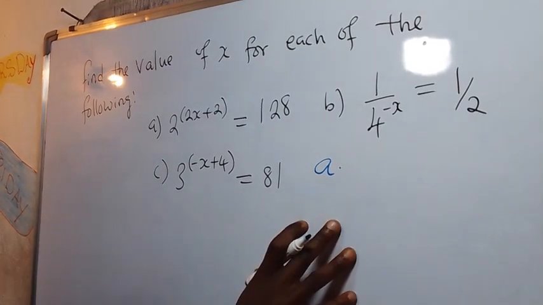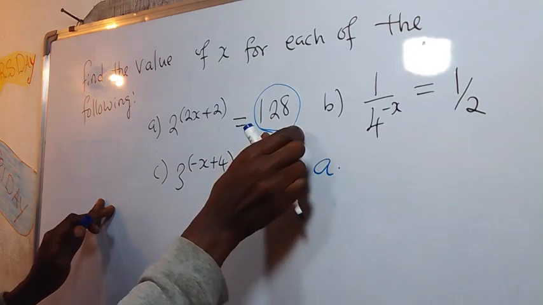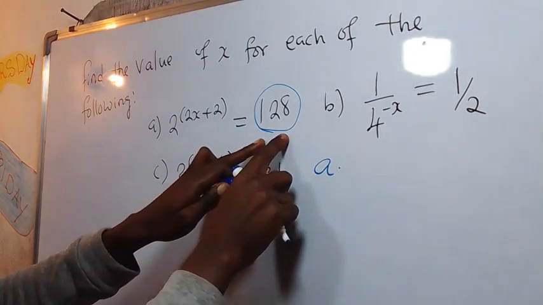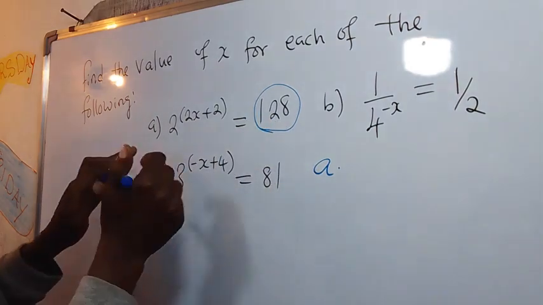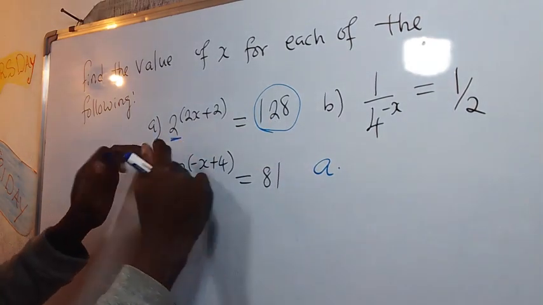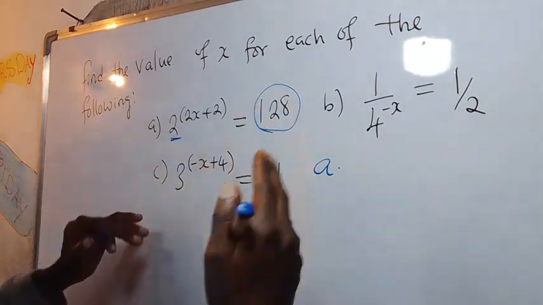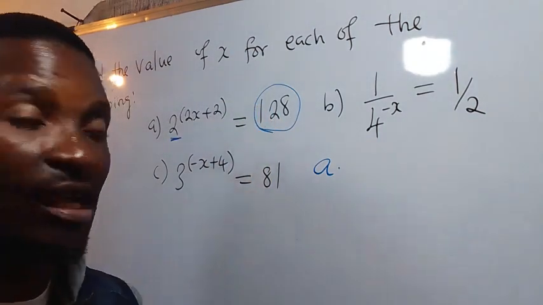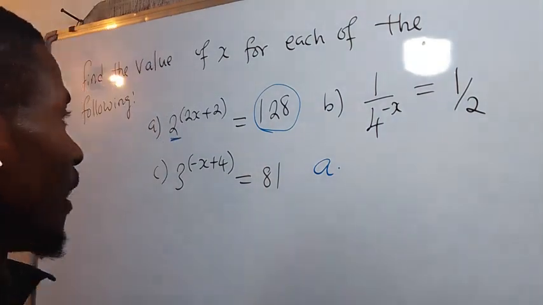What is going to happen on A is that you have to look at this one, and think of the way in which you can find a number that has base 2 and raise that number to a power such that when I evaluate that number, it is going to give me 128. That's the idea.